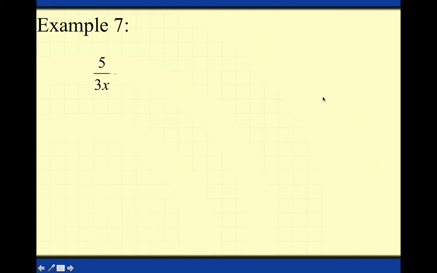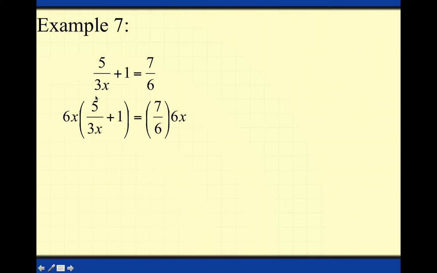Okay. Example 7, 5 over 3x plus 1 equals 7/6x. Can't do that simple cross multiplying thing here because I have more than one fraction on each side. So we're going to multiply through by 6x. You notice not a 3x and a 6, but I have a 6 because 3 goes into 6. So I could use 6 and then just x. Now when you do that, just check, because your denominator should go away. The x's will go away. This 3 will go away, leaving this as a 2.